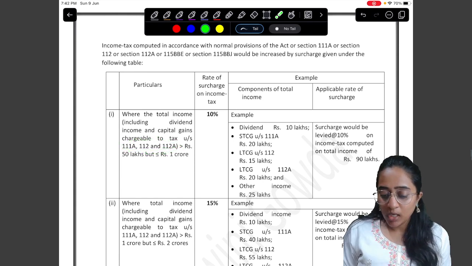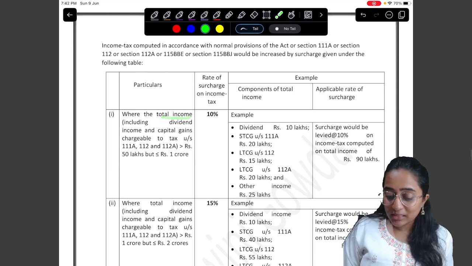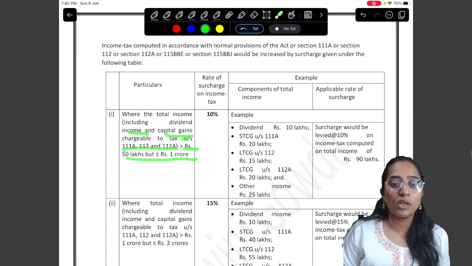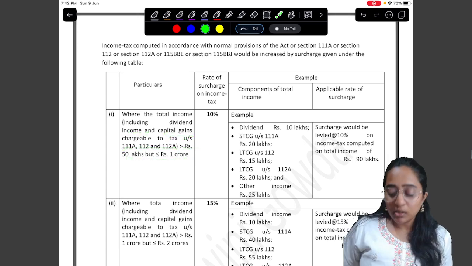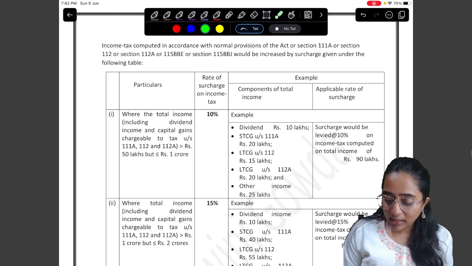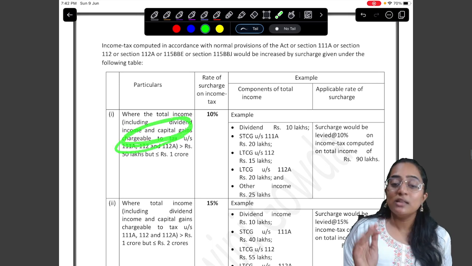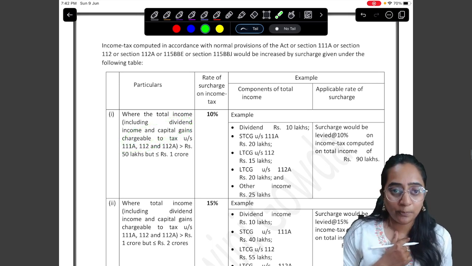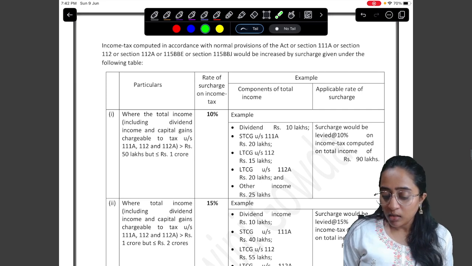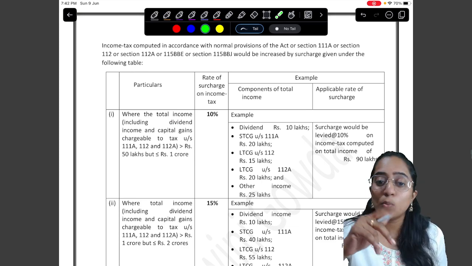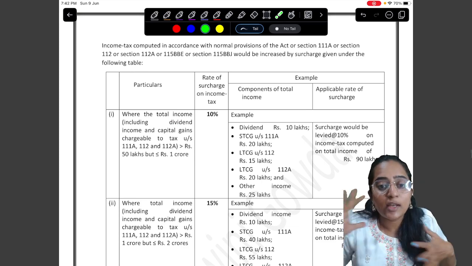Simple. Where the total income, including the dividend and capital gain income, is greater than 50 lakh but less than or equal to 1 crore. People, why is it provided? That is, why are these three specific categories considered? Is there a reason for the same? Try to understand. Some years back, dividend income up to 10 lakh rupees was exempted in the hands of the shareholders.